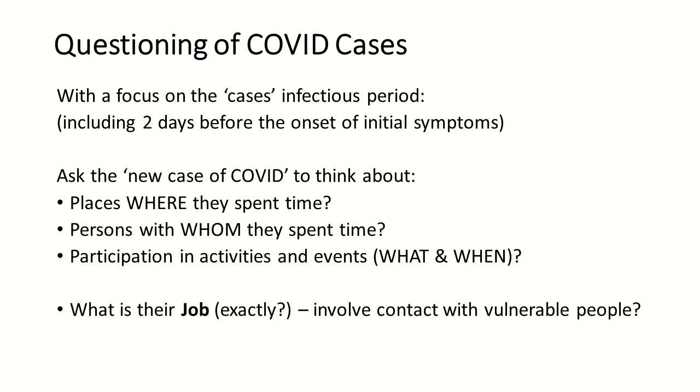We might be less concerned if the person has an office administrative role in the back office and has no contact with patients. So it can be quite important to find out exactly what somebody's job involves, and particularly who they may have been at risk of spreading the virus to.